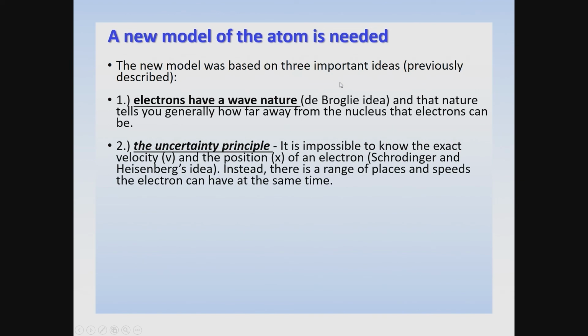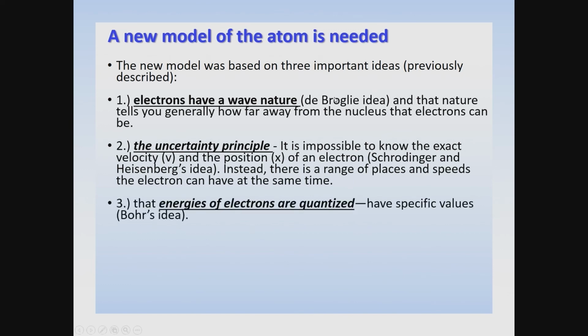Another thing this new model uses is the Heisenberg uncertainty principle. Again, it's the idea that you really cannot determine accurately the velocity and the position of an electron at the same time.